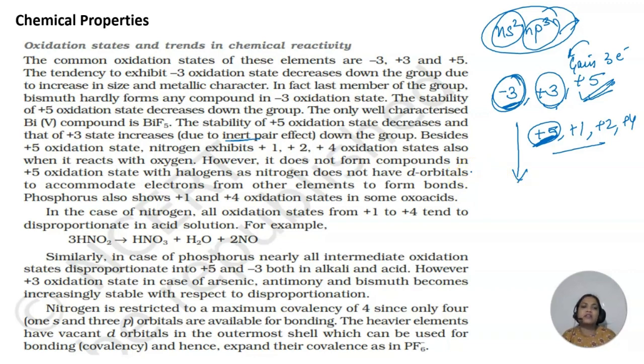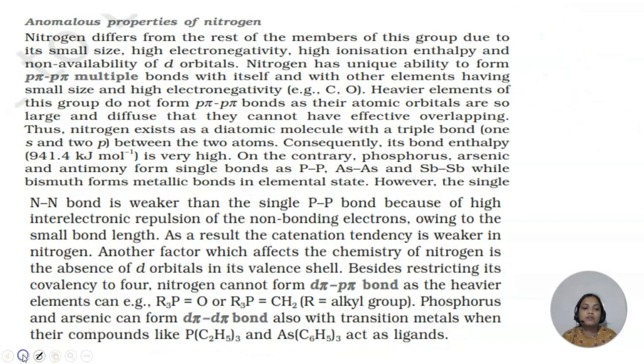So this is the general trend that different types of oxidation states are there. Nitrogen can actually show a maximum covalency of 4 only because there are no vacant d orbitals. Other elements can expand their octet, but nitrogen cannot do that because of the absence of vacant d orbitals.